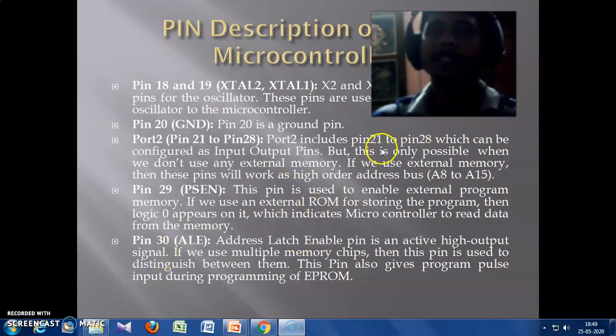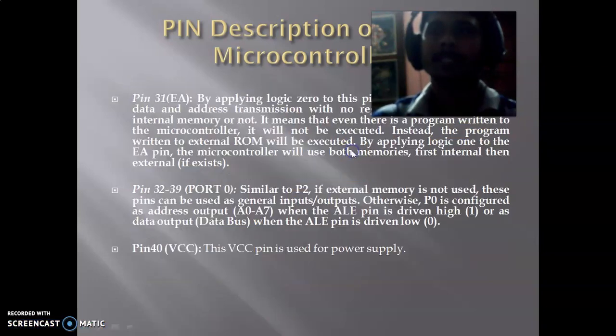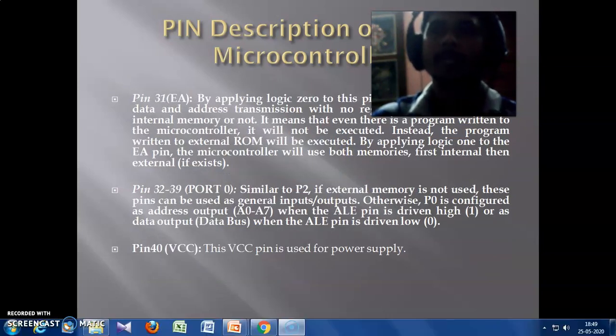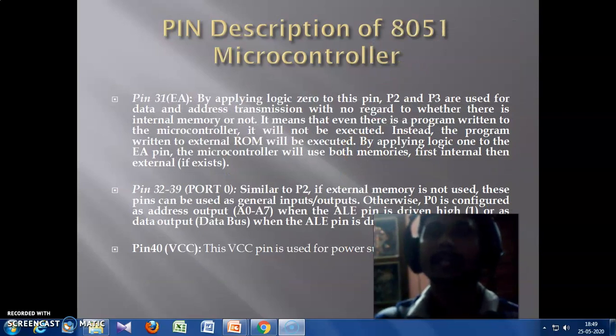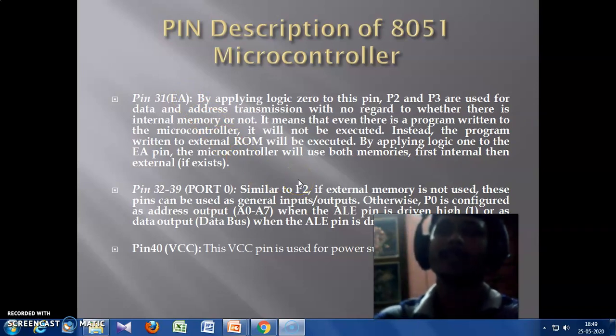And the next one is pin 31, that is EA, and by applying logic 0 to this pin, P2 and P3 are used for data and address transmission with no regard to whether there is internal memory or not. Meaning if it is active, then a program written into the internal memory will not be accepted.